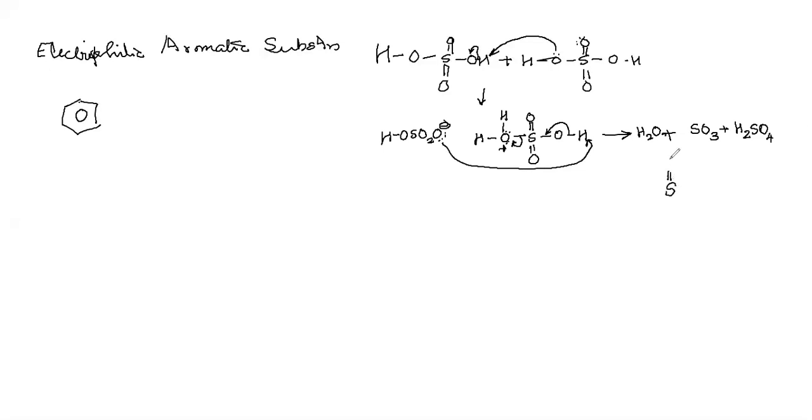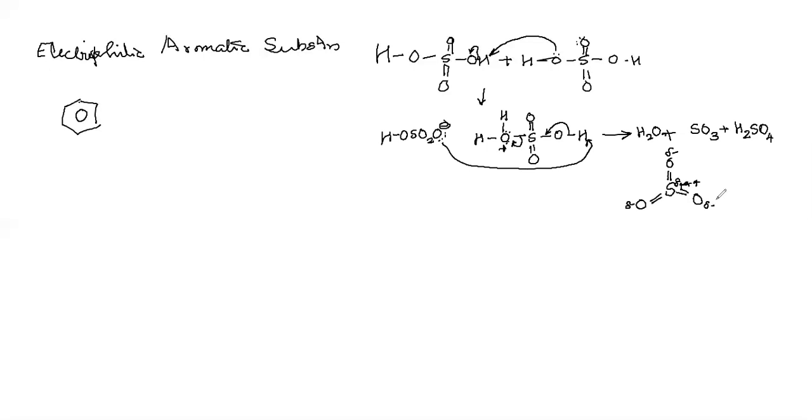It has 6 bonds, delta plus. Why plus plus plus? Because this is delta minus, this is delta minus, this is delta minus.